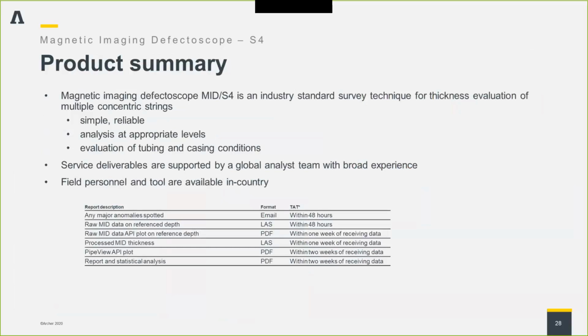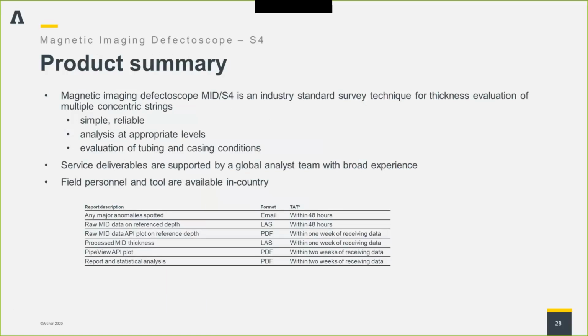So just to sum up, we have what we call the MIDS4, which is the 4-string version of this tool. It's an industry standard technique. The pulsed eddy current is an accepted technique for thickness evaluation of concentric strings, multiple strings. It's simple, it's reliable. We can apply analysis to it at appropriate levels.